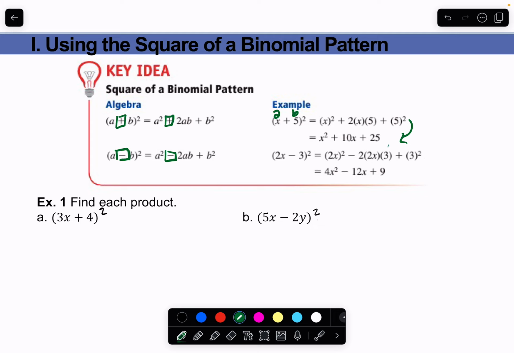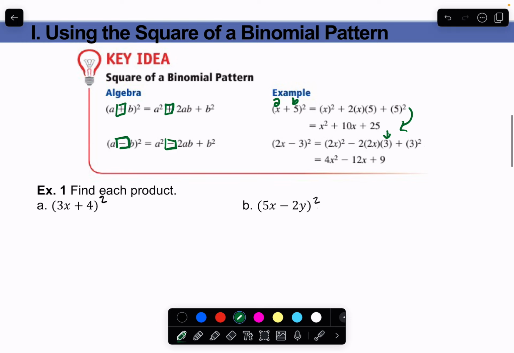Notice here, they did not keep that negative 3. That is a positive 3. We take care of that negative sign with this minus sign right here. And then plus that 3 squared, so 9. So we'll have 4x squared minus 12x plus 9.